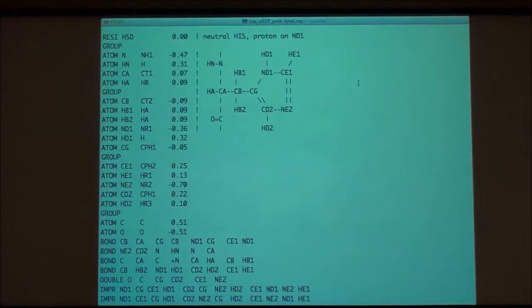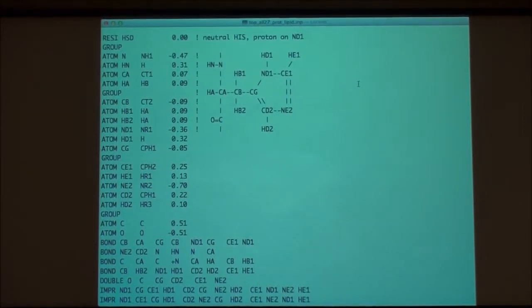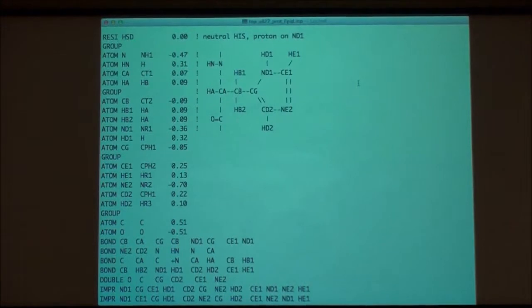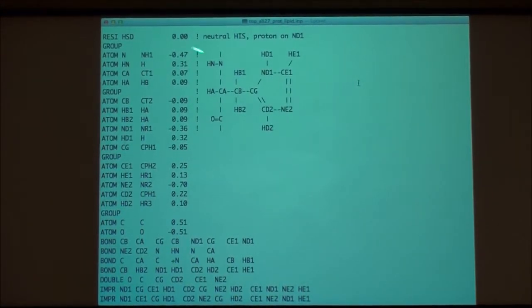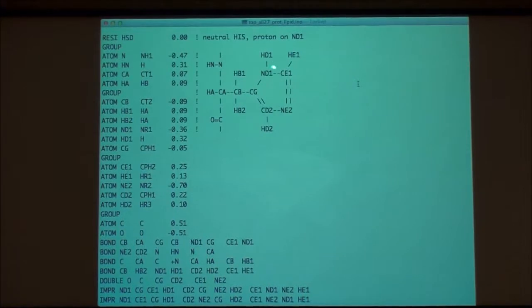So there are quite a few of these that you have to keep in mind in case you have them in your molecular system. But that's a good example of the problem associated with fixed charge or fixed protonation state simulation. So we have three kinds of histidines. HSD has a proton at the delta nitrogen.